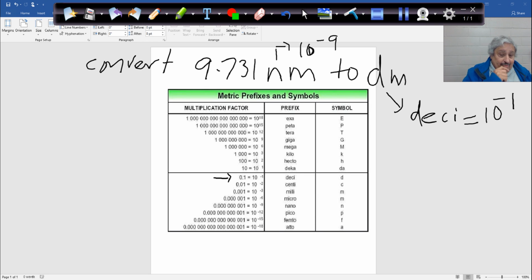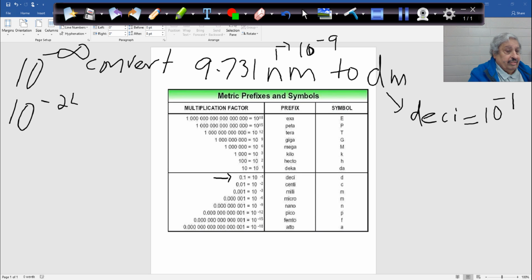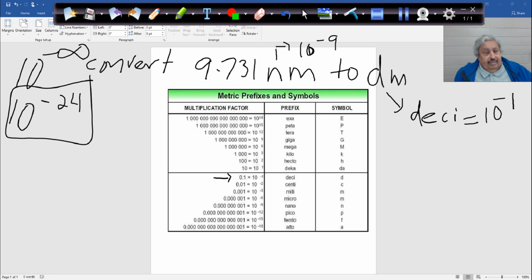But from calculation, math-wise, yes, we can have 10 to minus infinity, so this value can exist, correct? Infinite value. But for practical purposes, what we can measure is this one here. This is the mass in grams of an atom itself.